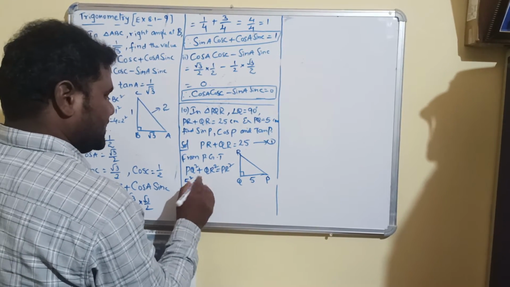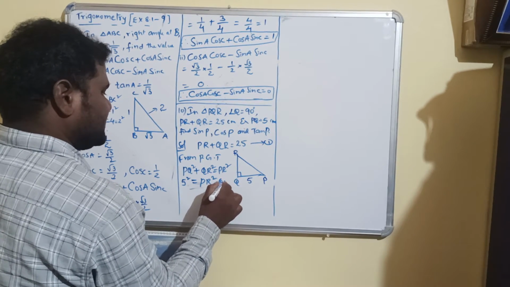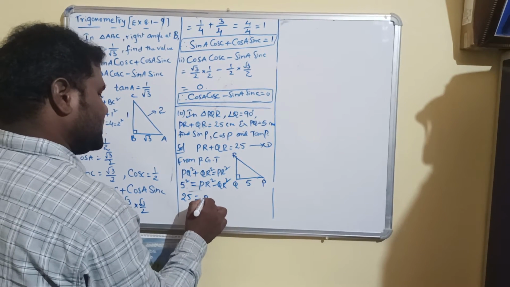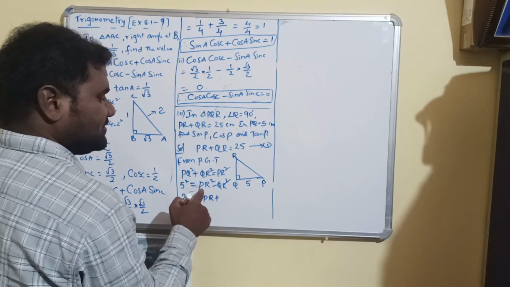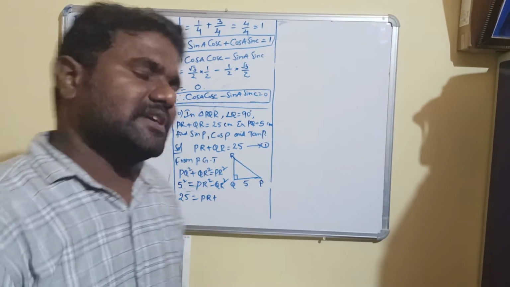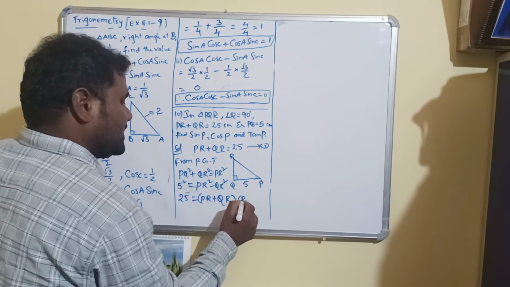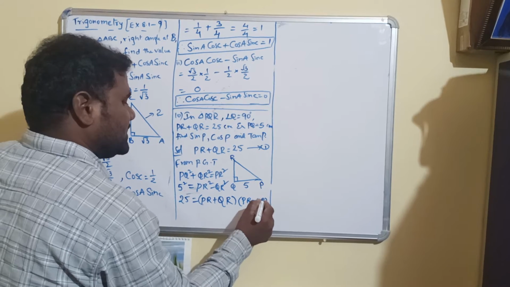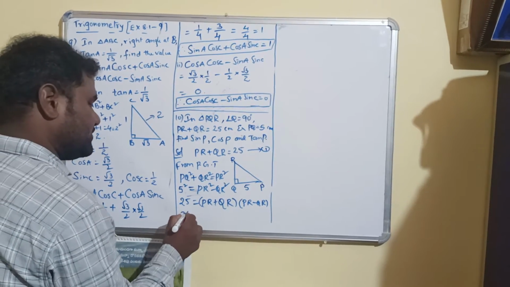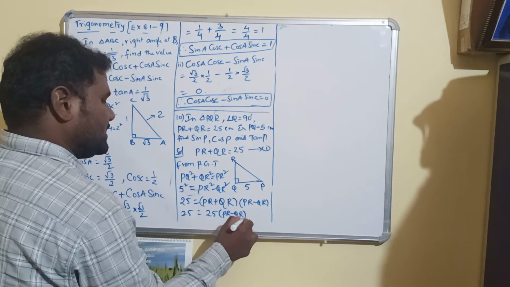Send QR square to that side: 5 square equal to PR square minus QR square. 5 square value we know, 25. PR square minus QR square is in the form of A square minus B square. A square minus B square formula is A plus B into A minus B. Therefore, PR plus QR into PR minus QR. From equation 1, PR plus QR value how much? 25. So 25 equal to 25 into PR minus QR.